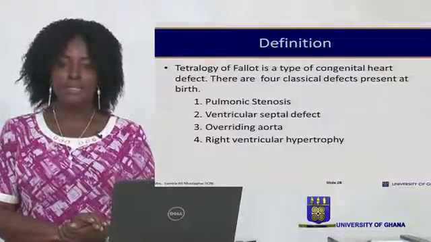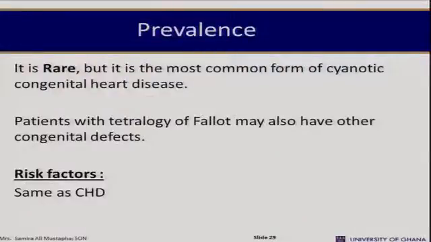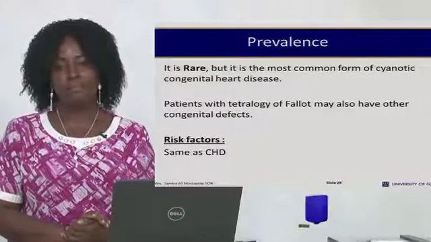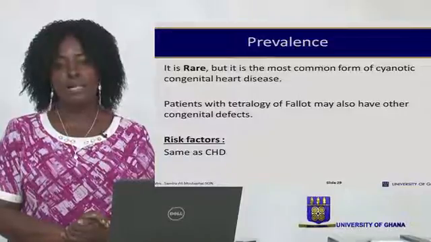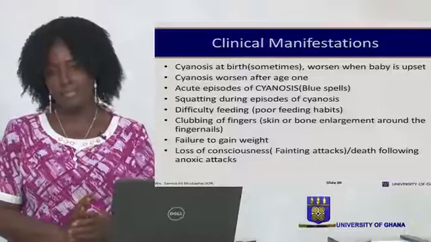So you see that this is a major defect. Though it is rare, it is the most common form of cyanotic congenital heart disease, and patients with TOF may have other congenital defects. So the risk factor is the same for all congenital heart diseases.